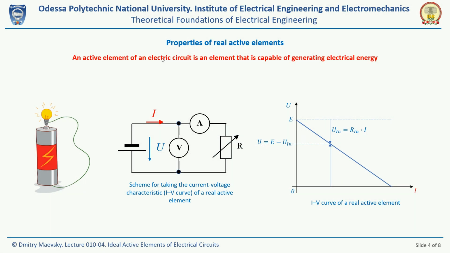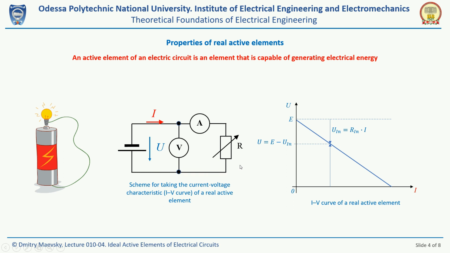Consider the current voltage characteristic of some active element, for example, a galvanic battery. To obtain the current voltage characteristic, it's necessary to assemble the following scheme. The scheme, as you can see in this figure, is very simple.